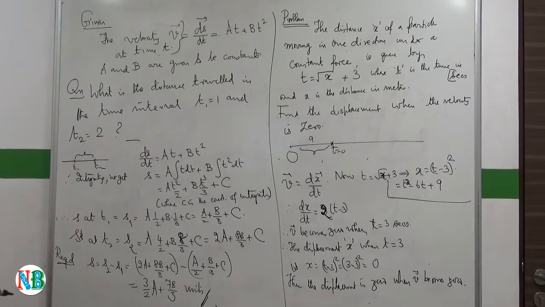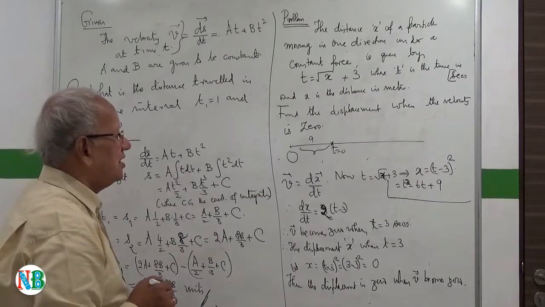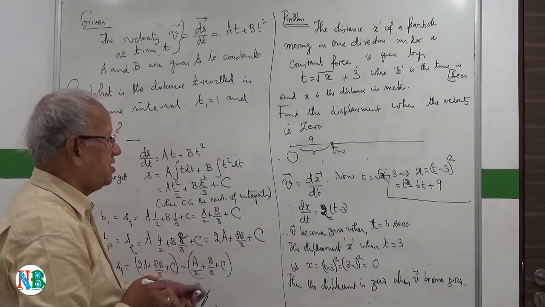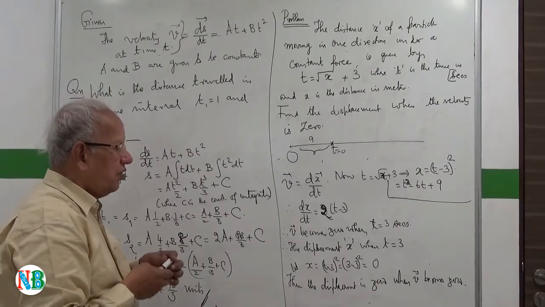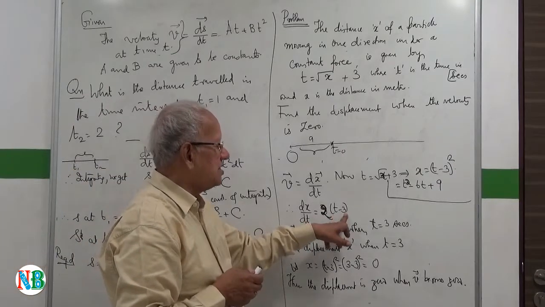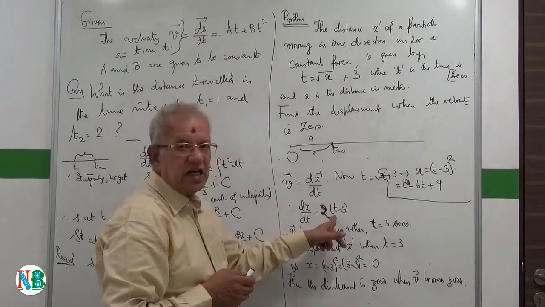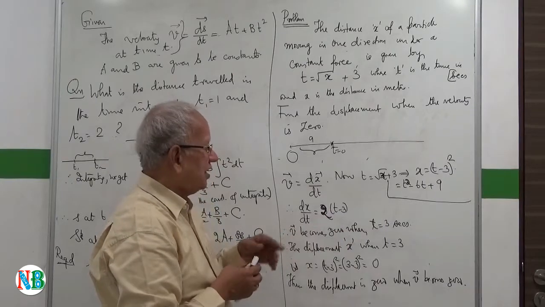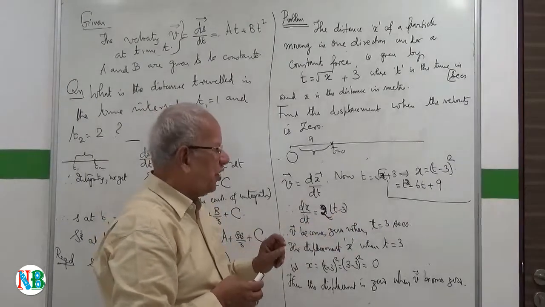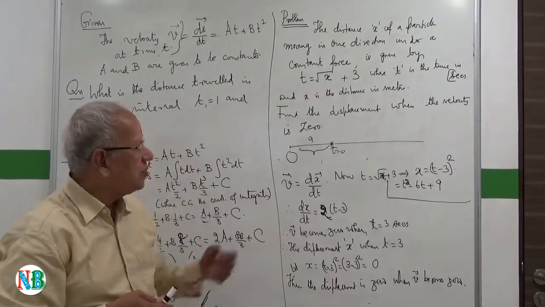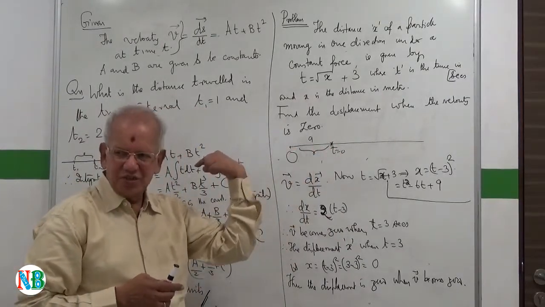And then the velocity is now changing. What happens when t is less than 3? Velocity is negative, isn't it? When t is greater than 3, the velocity is positive. What do you mean by velocity negative? That means the particle is moving in the opposite direction.